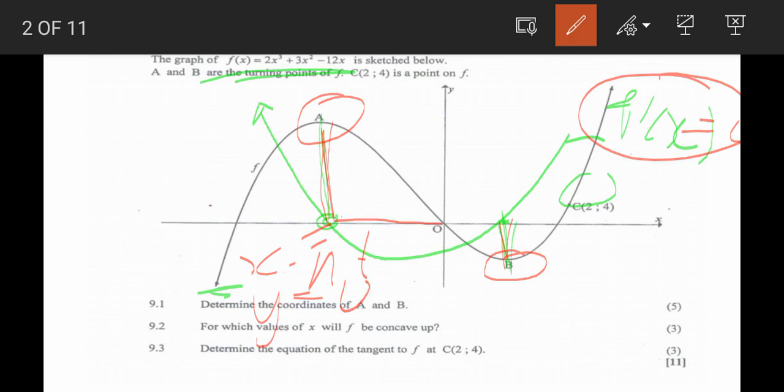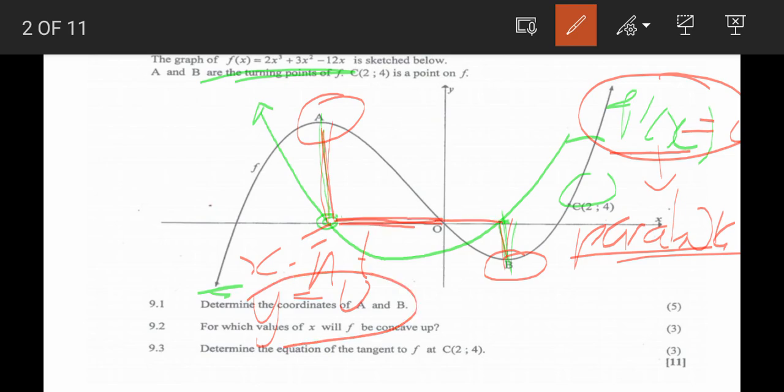Remember, our f prime x now becomes the equation for the parabola. And if we want to get the x-intercept of the parabola, we must equate to 0, because at the x-intercept our y is equal to 0. So after getting the x-coordinates, which happen to be the x-intercepts of the parabola, we then take them and go back to the original given cubic function.